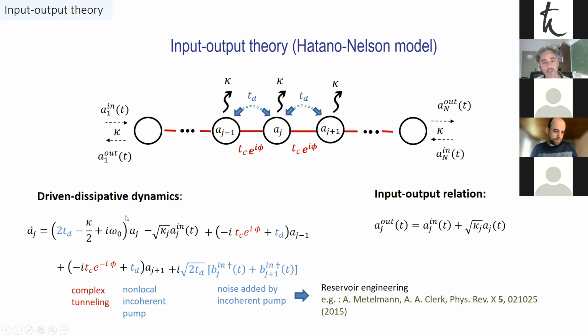So if I apply the input-output theory from textbooks to these systems, what I find is that the dynamics of the field operators at each cavity are going to depend, of course, on these coherent couplings and dissipative couplings as well. Because of the Heisenberg equations, it's easy to understand that the dissipative and coherent couplings come with different phases into these equations.